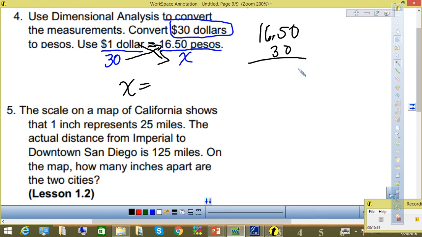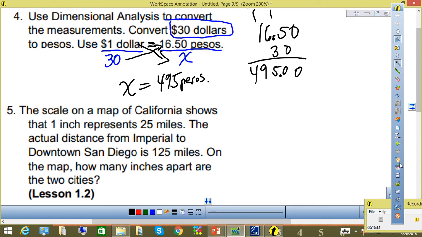So 0, 0, 15. We got 1, 18 plus 1, that's 19. 3 plus 1, that's 4. 2 decimal places. So it's 495 pesos. Very simple.